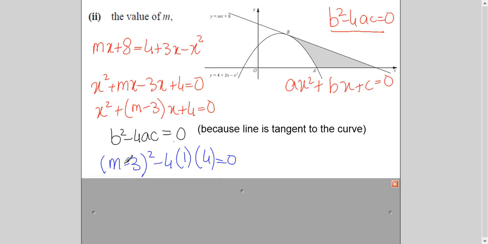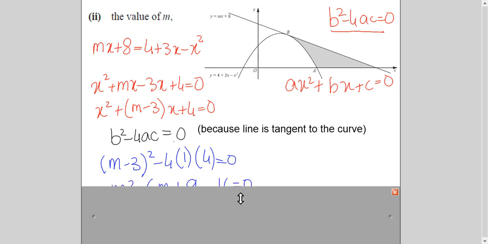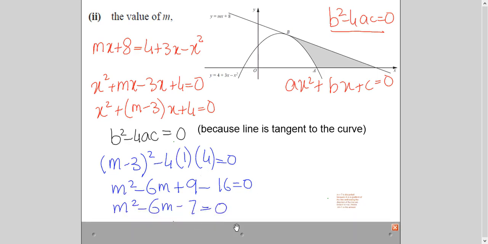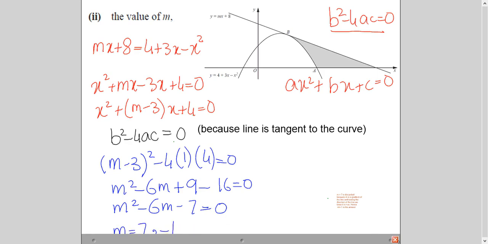Here you will apply the algebraic identity, which gives m squared minus 6m plus 9, and this is minus 16, of course, because of this negative sign. So you will get the values of M. The value of M is 7 and -1. Which value of M will you take and which will you discard? If you see here, the direction of the line is like this. If you remember from coordinate geometry, when the line has this direction, the gradient is negative.